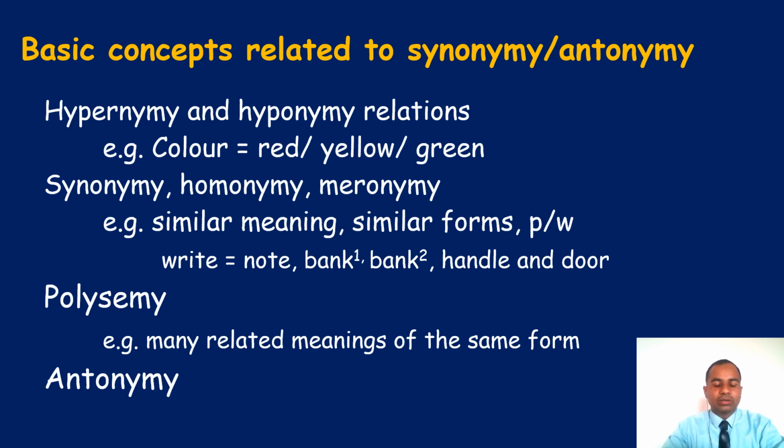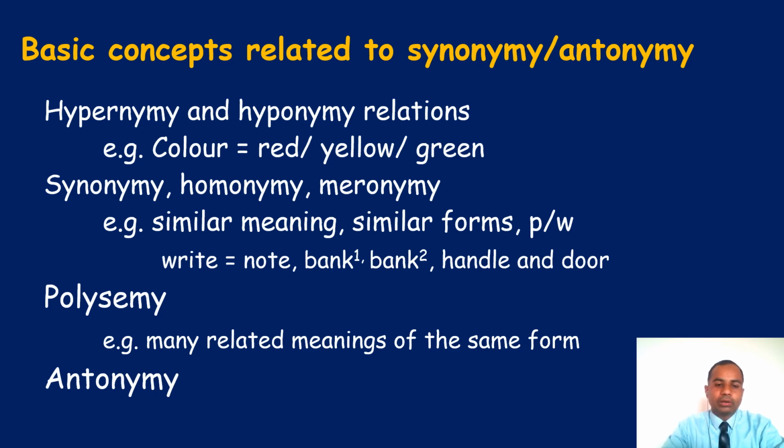So the next term is polysemy. What is polysemy? Actually, there is a little difference between homonymy and polysemy. In homonymy, we have similar forms but different meanings. In polysemy also we have one form but related senses or meanings, many related meanings to the same form.